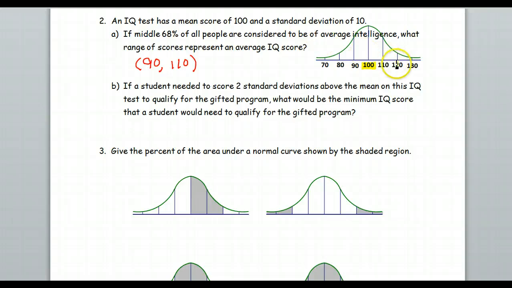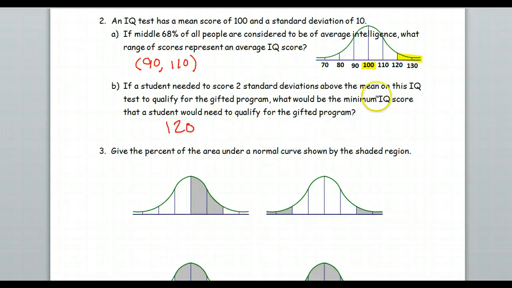Here's the mean, so that's 1 standard deviation, 2 standard deviations. So to be gifted, you'd have to be here or higher, all right? 2 standard deviations is at 120. So anything over 120, so the minimum score would be 120.